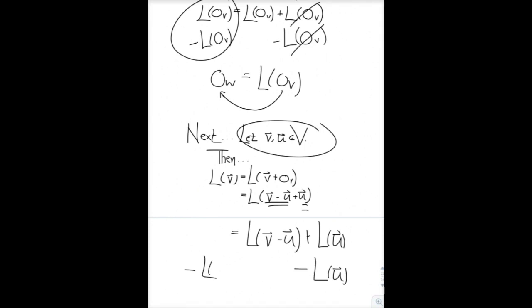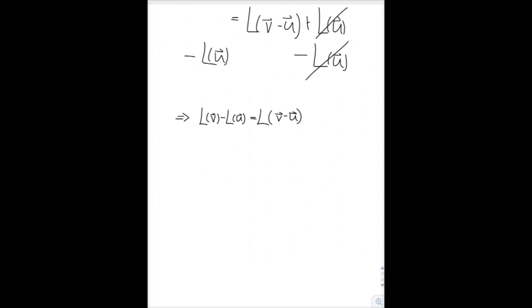On the right, it just cancels out. But on the left, I'm left with something non-trivial: L of v minus L of u. Now, if I just reverse the order in which these appear around the equal sign, I obtain the following important property: L of v minus u is L of v minus L of u. That is, L preserves not only vector sums, but vector differences as well.